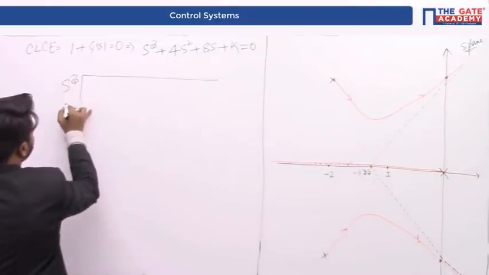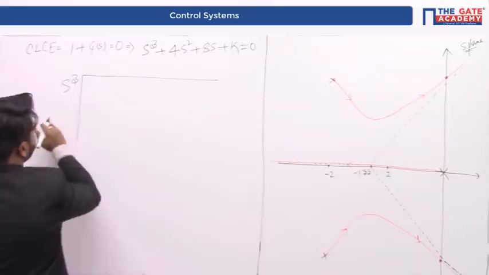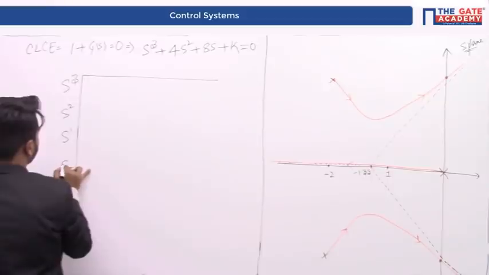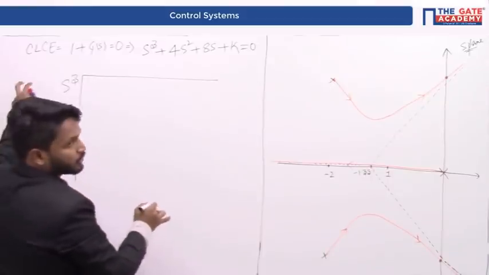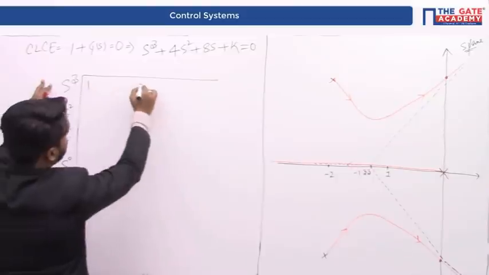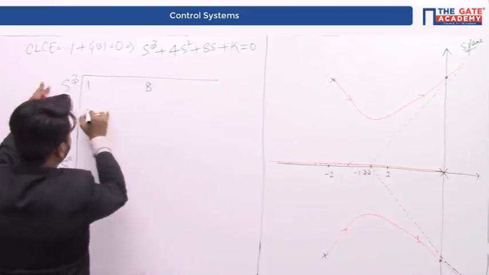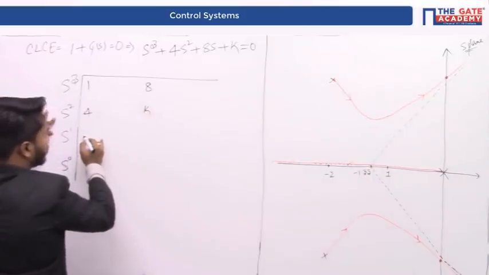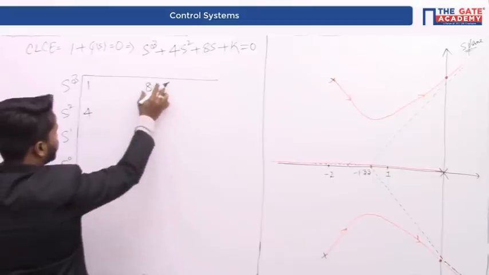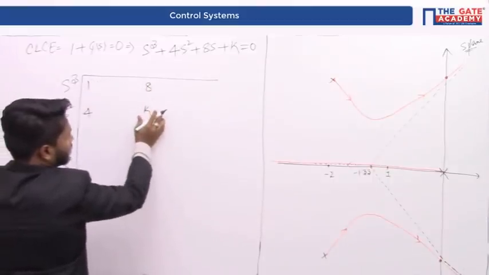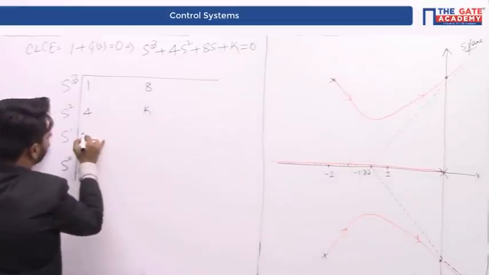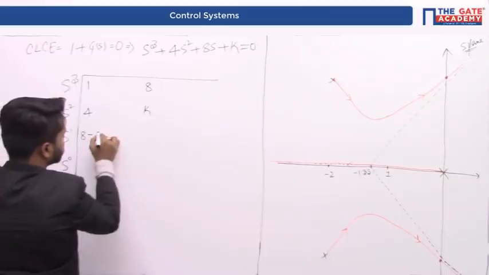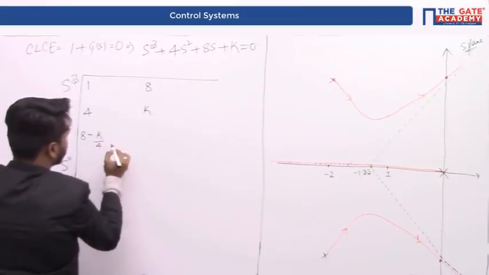s cube, s square, s power 1, s power 0. So it is 1, 8, 4, and the next alternate coefficient is K. Therefore, here we are going to get 4 into 8 minus K divided by 4, that is 8 minus K by 4.